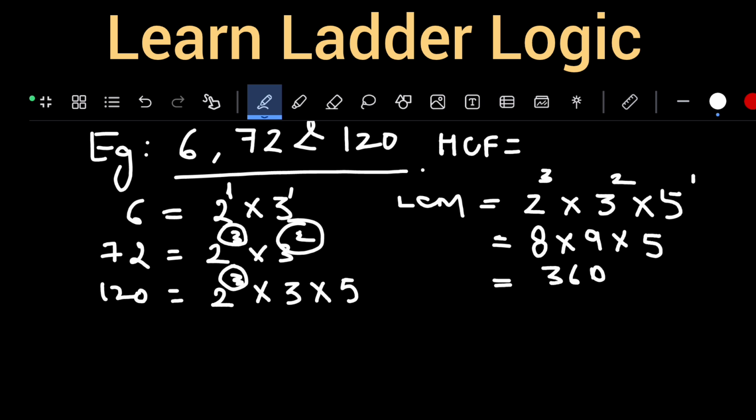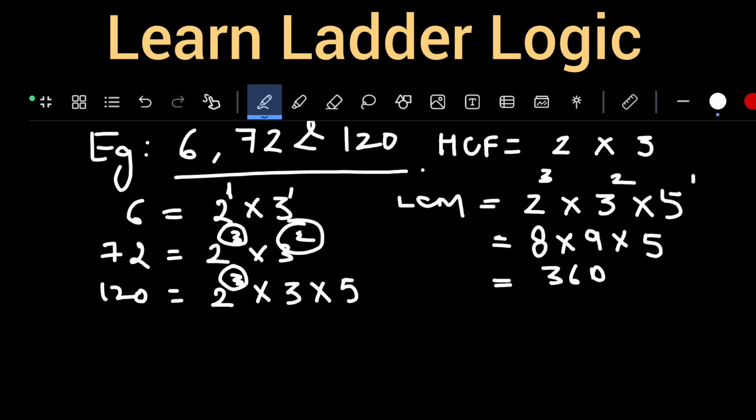Now let's find the HCF. HCF takes only the common numbers, and here there are 3 numbers. What are the common numbers available in all of them? 2 and 3. Correct? Now let's check the lowest power available.